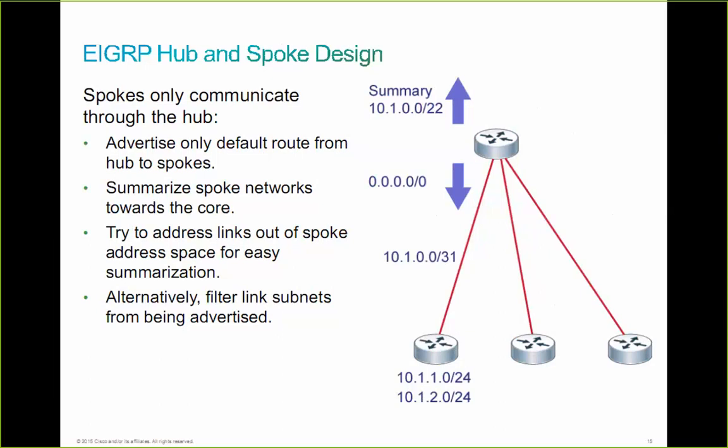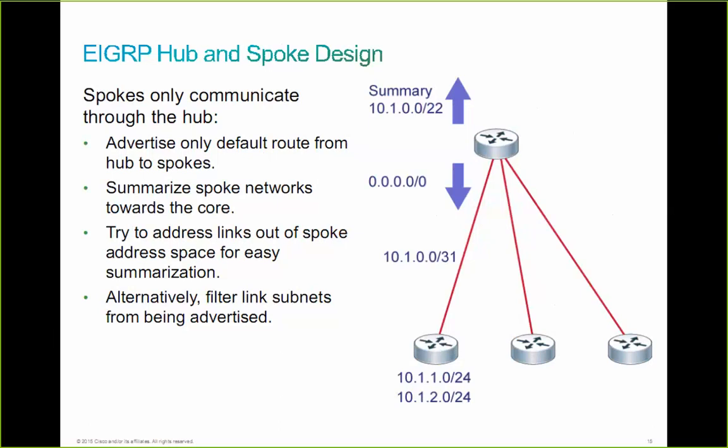Traditionally, it was a hub and spoke design, right? The hub is the aggregation point, really the aggregation for all the reachability and topology information for the network. All right, so naturally speaking, that would be really where the choke point should be implemented, right?